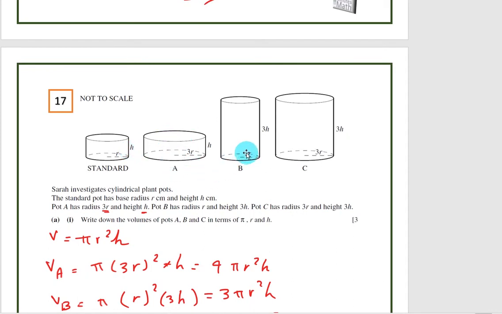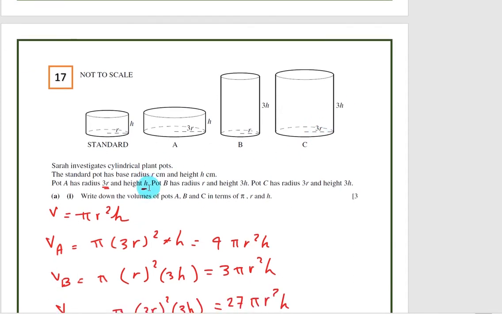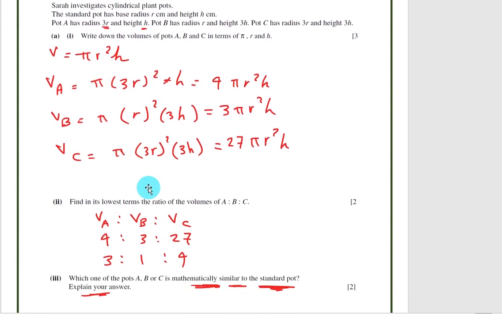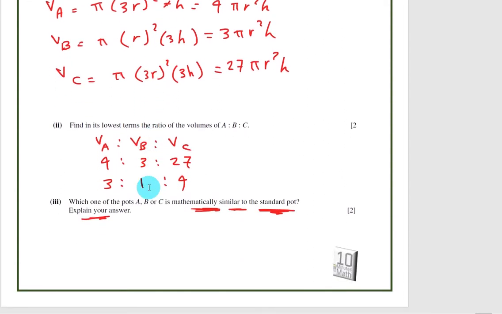The third one, the radius is R and the height is 3h, so the radius is not in the same ratio to the height. Here, the radius is 3r and the height is 3h, so the ratio is the same.